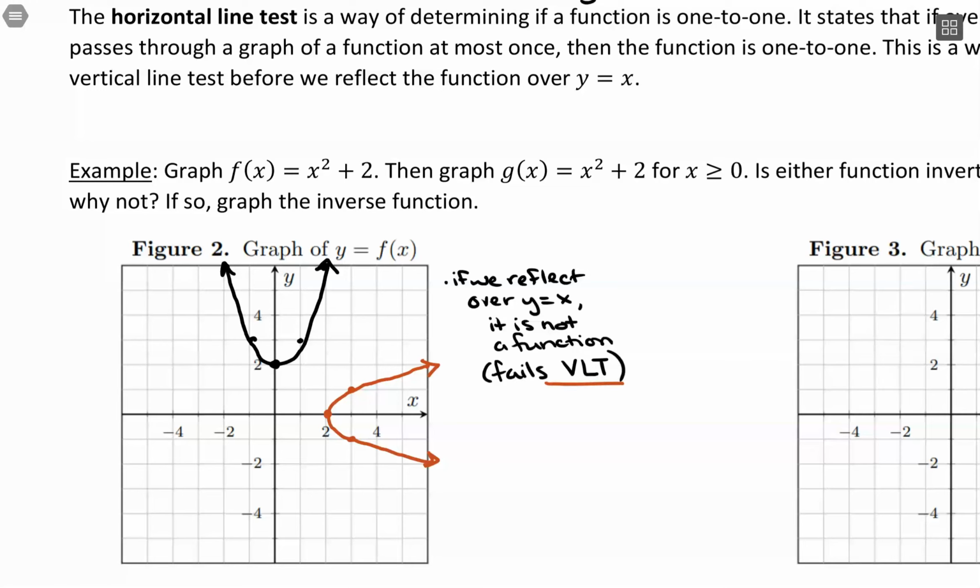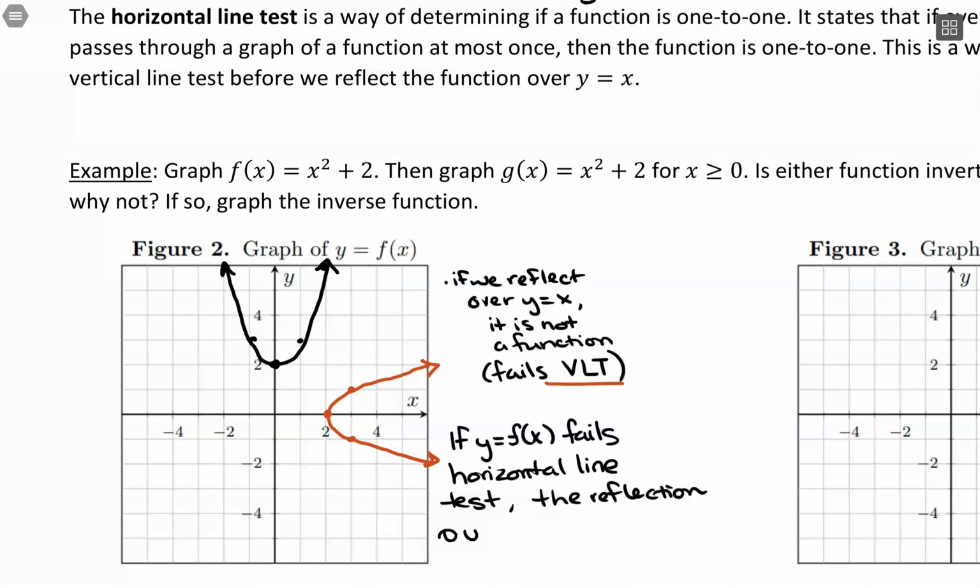So what we see is if y equals f of x fails the horizontal line test, the reflection over y equals x fails the vertical line test.